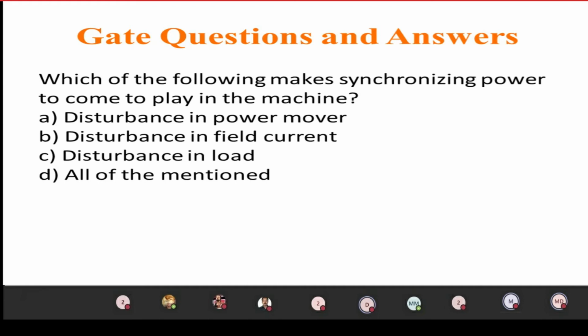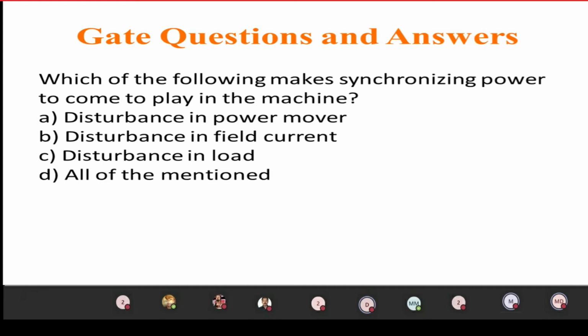We already discussed that after the synchronization process, the machine does not supply power to the grid, because that position is called the floating position.